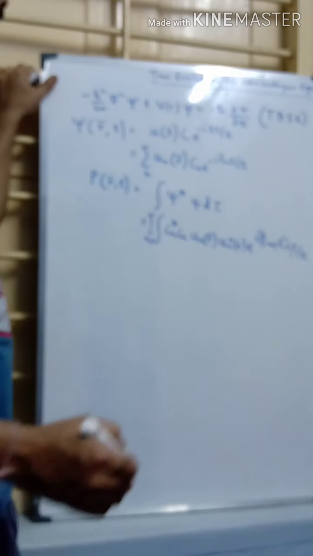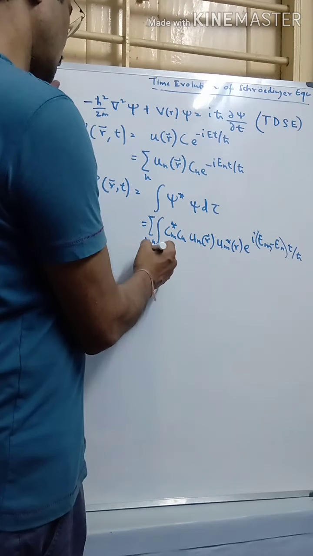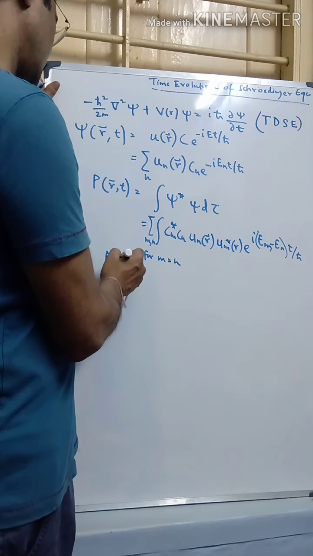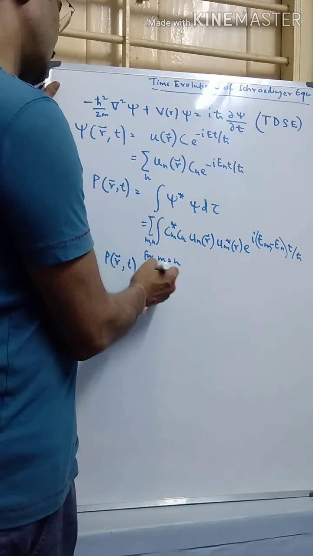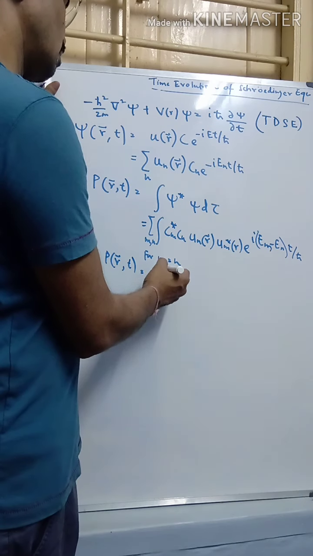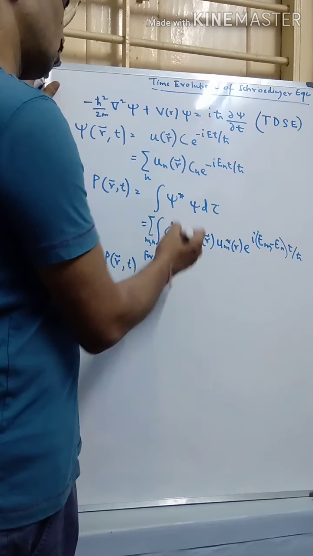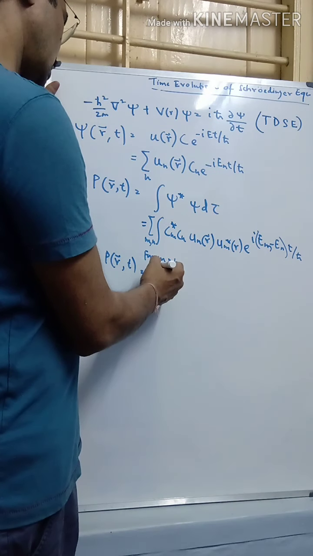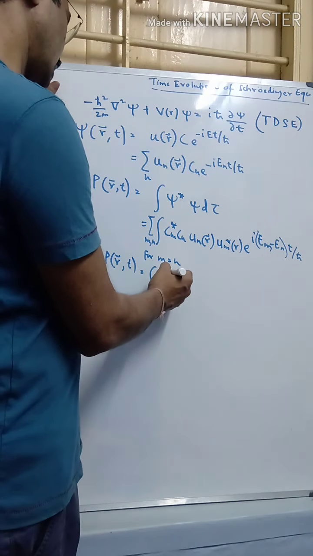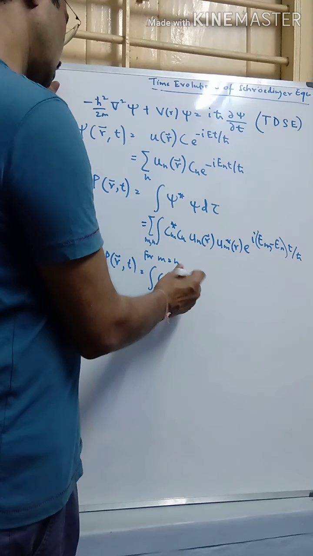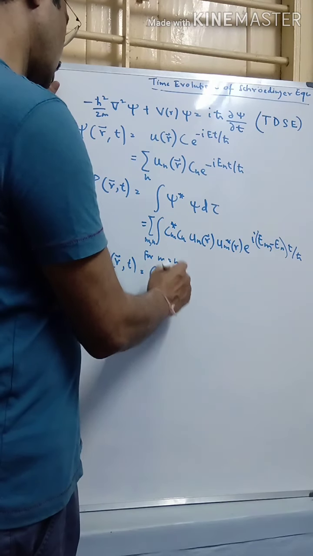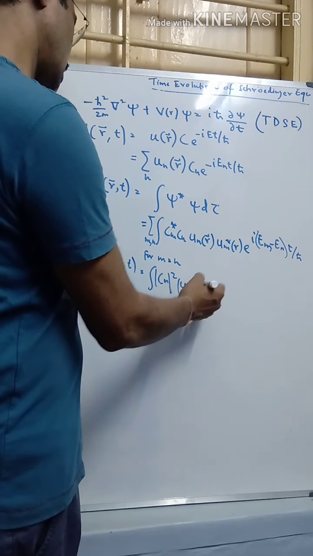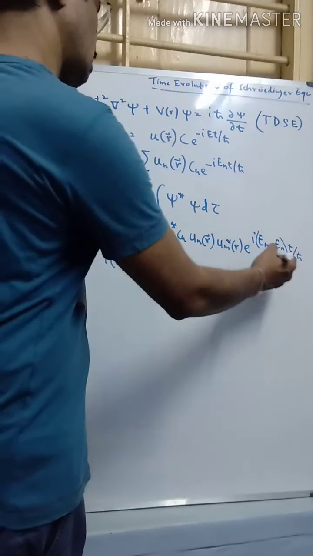And if they are the same, for m equal to n, this P(r,t) is basically equal to a summation, so that is going to give us a delta function, and we are left with something like c_n square, which is a constant, and u_n square d tau.